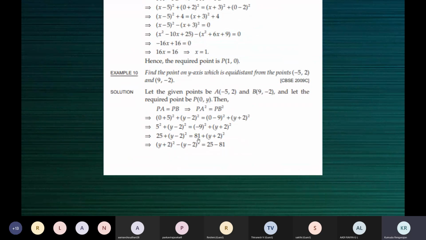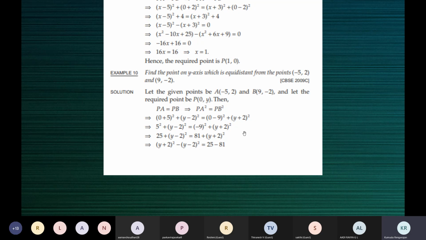Please check your steps. Okay, so maybe you did not work like this, but 0 plus 5, the whole square is 25, and this will expand to y square minus 4y plus 4.